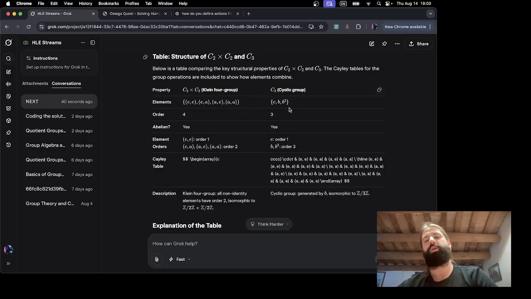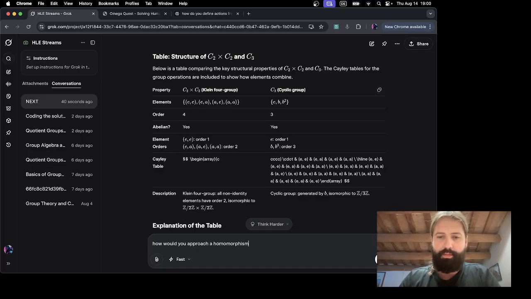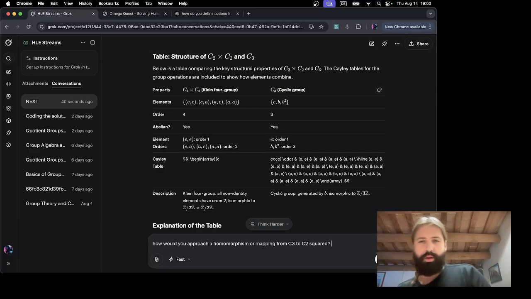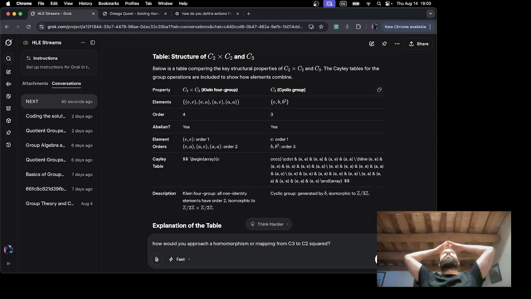How would you approach a homomorphism or a mapping from C3 to C2 squared? You're mapping the elements. Yeah, okay.